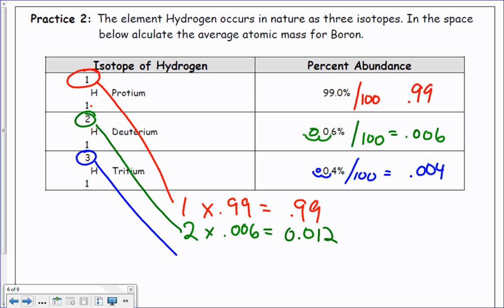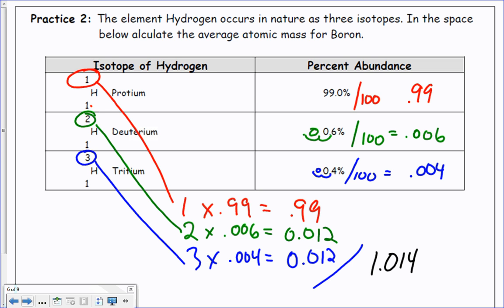I'm going to bring my third mass, multiply it by its relative abundance, 3 times 0.004, I get 0.012. Now I need to add all these together, add 0.012 to it, add 0.99 to it, I get 1.014 for my relative mass of this particular hydrogen. Okay, good.